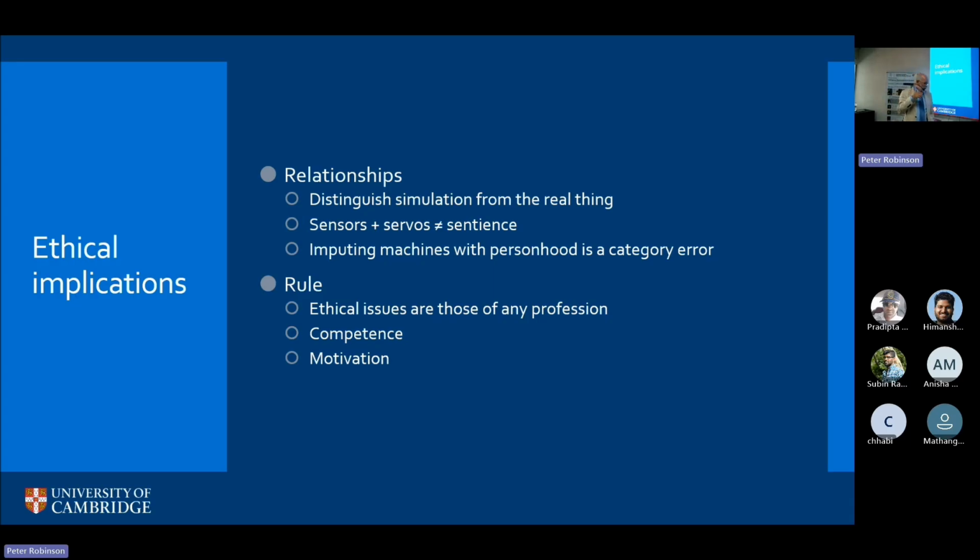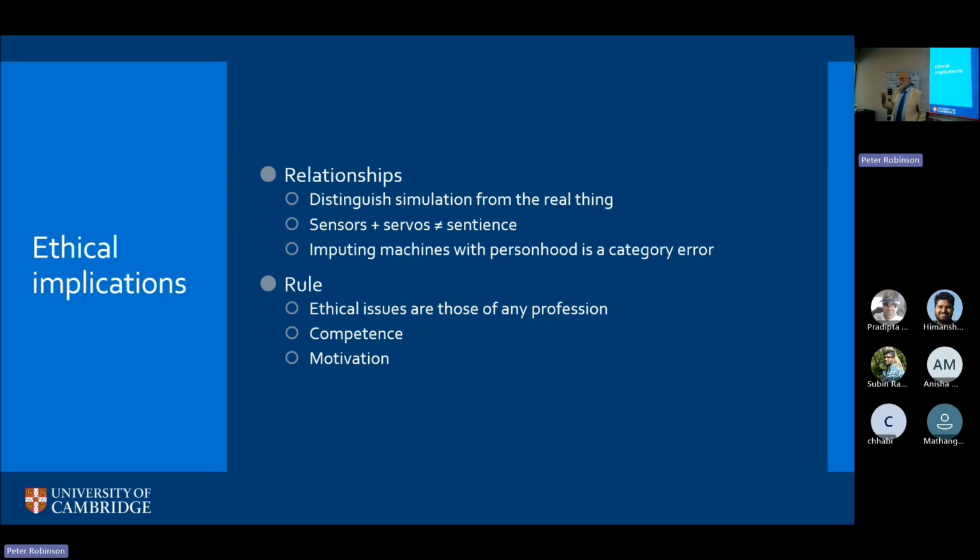What we see is that when people interact with machines, they don't understand that they're not having a relationship with it. And they can't understand there's a difference between a simulated relationship on a machine and a real relationship with another person. As I said, it's just sensors and servos, it's not sentient.